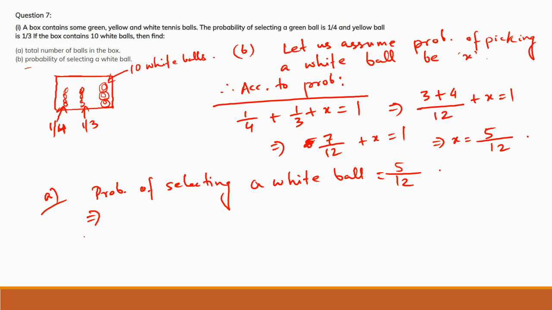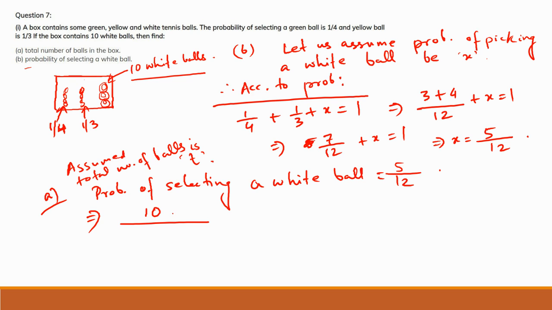Now let's say you assumed the total number of balls is T. How many white balls are actually there in this box? 10 white balls. So 10 white balls are there out of how many total number of balls? T. This should be the probability of picking a white ball, right?